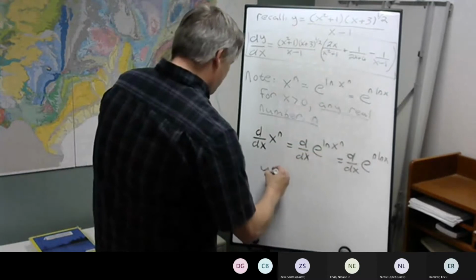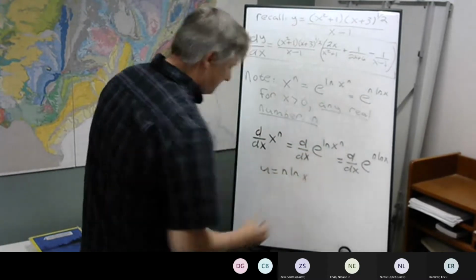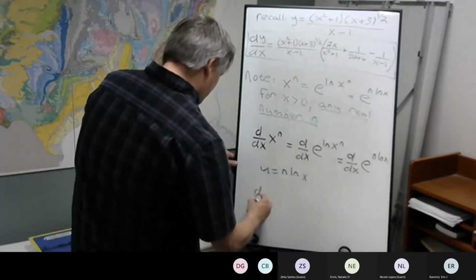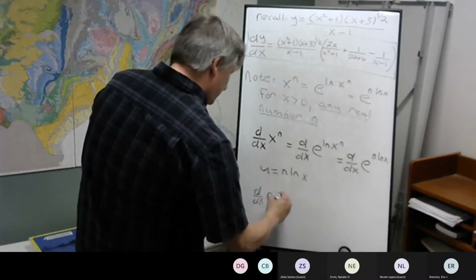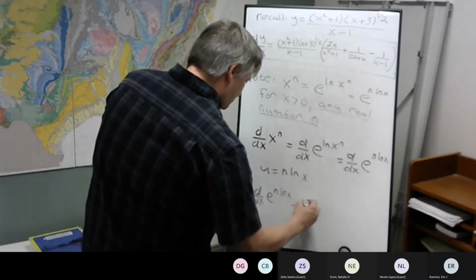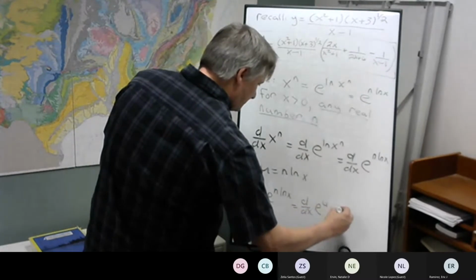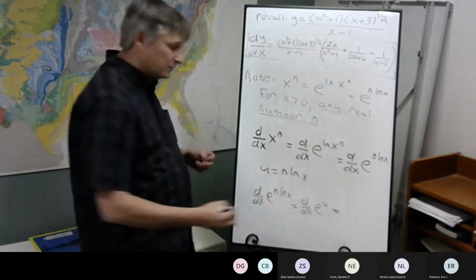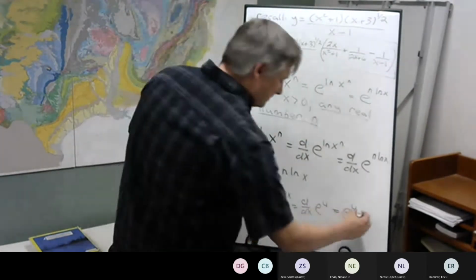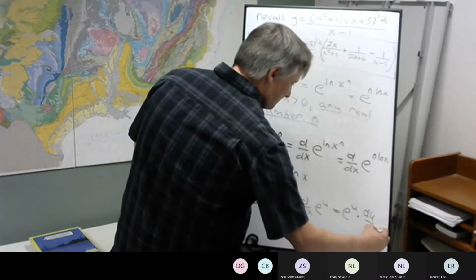So we're going to let u be n ln of x. So what this means is that the derivative of e to the n ln of x is going to be the derivative of e to the u. And then using our chain rule, well, derivative of e to the u is just e to the u. And here comes that chain rule, du dx.